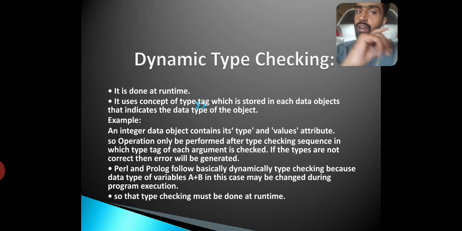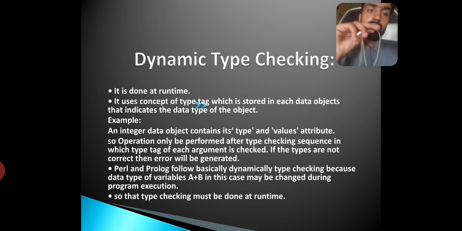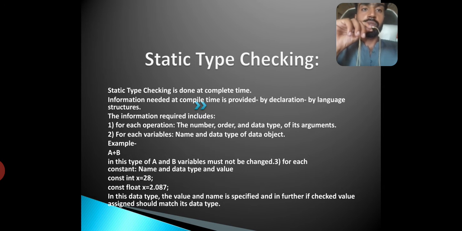If the type is incorrect, then an error will be generated, as in Perl and Prolog. Basically, this is dynamic type checking because the data types of variables A plus B in this case may be changed during program execution, so the type checking must be done at runtime.